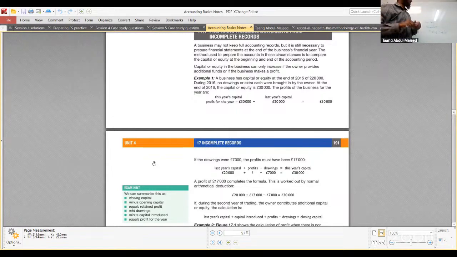Now the thing is, and this is one of the reasons why I said this, it is very important to know how you calculate each thing. For example, cost of sales. Cost of sales is one of those key things, right? Sometimes with the business themselves, you really want to know what is the actual cost of sales.